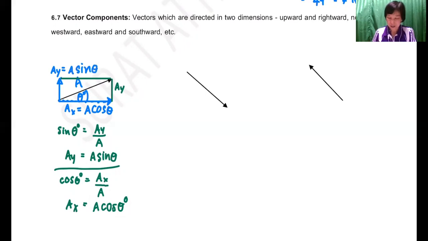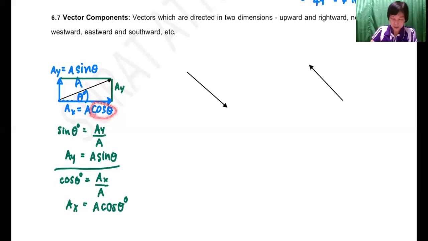In conclusion, suppose that we have any vector acting at an angle against either the x or y axis. The component of that vector which is close to the angle equals the magnitude of the original vector multiplied by cos theta.